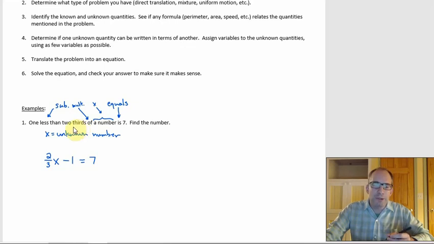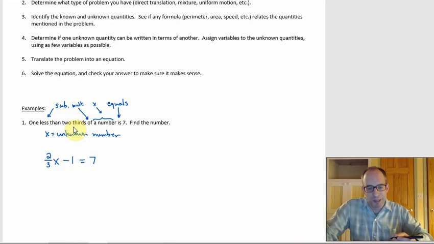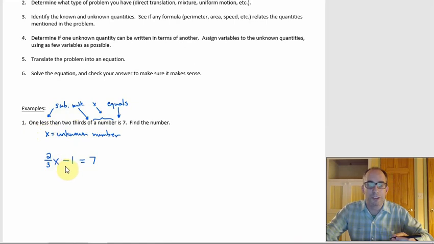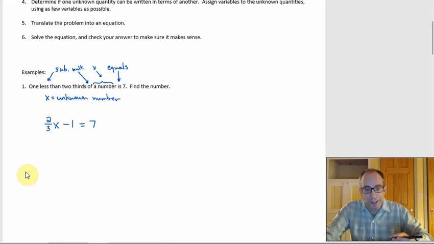I mean, I guess you could if you did it as -1 plus 2/3 x, but most people don't write it that way. Most people like to have the multiplication part first. So if you're going to do it that way, you'd have 2/3 times x and then minus 1 afterwards to take care of the 1 less back here at the beginning. But you could write it as -1 plus 2/3 x. Eventually you'd end up with the same answer, so it's not like it's wrong.